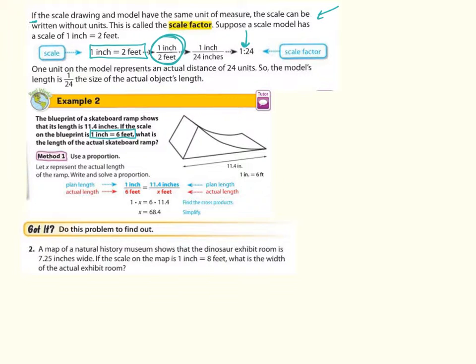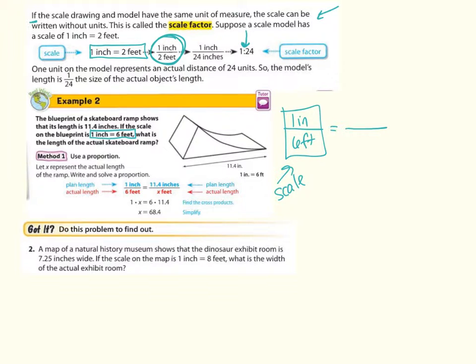So if on paper 1 inch equals 6 feet in real life, when we set up our proportion, that first fraction is our scale. So we have 1 inch is 6 feet.